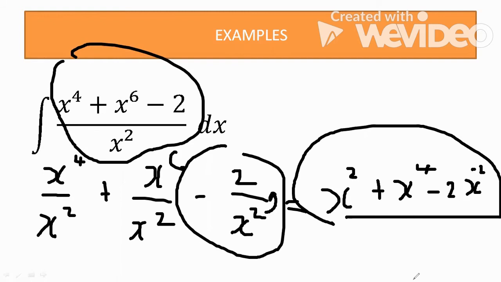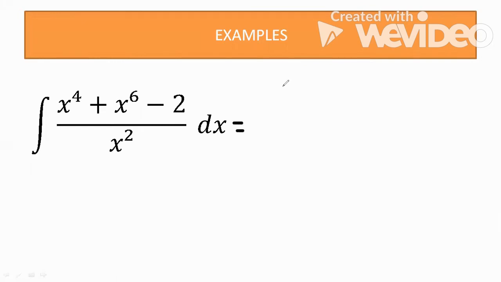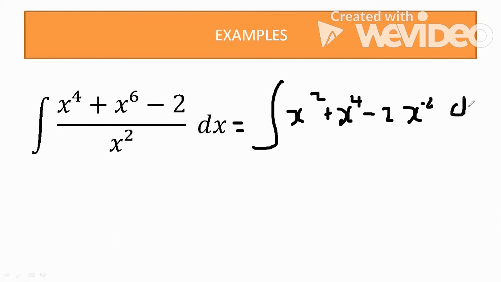Alright, so let us continue. We're going to integrate this instead: x squared plus x to the 4th power subtract 2x to the negative 2 dx.